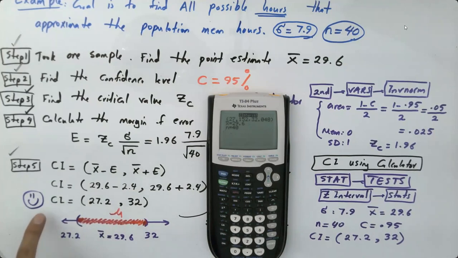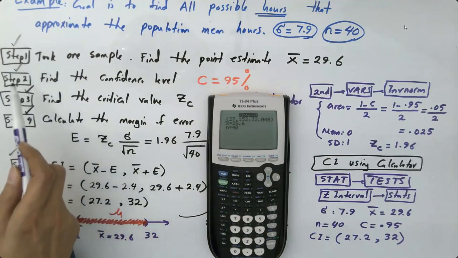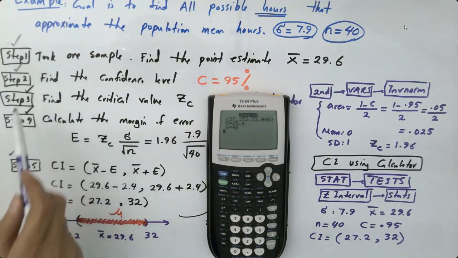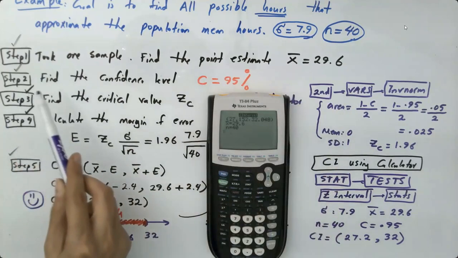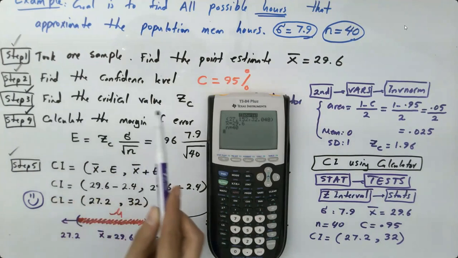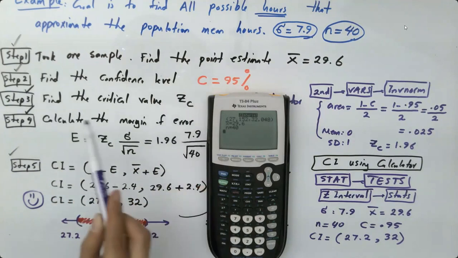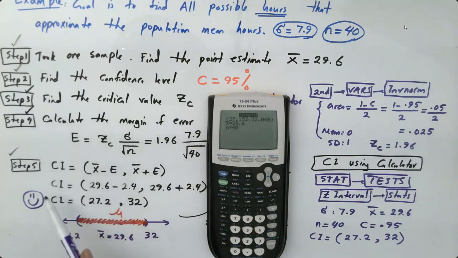But as you can see, your calculator doesn't give you the margin of error. That's why you need to follow these steps on the exam, on the homework, on the quiz, and show step-by-step work: in step 1, I calculated X bar. In step 2, I know what the confidence level is. In step 3, finding the critical value. In step 4, computing the margin of error. And in the last step, finding the confidence interval.